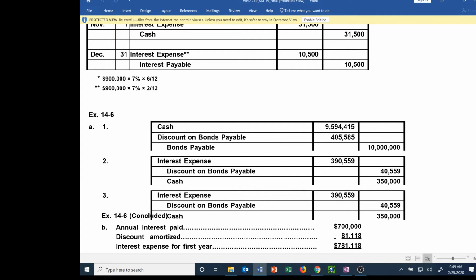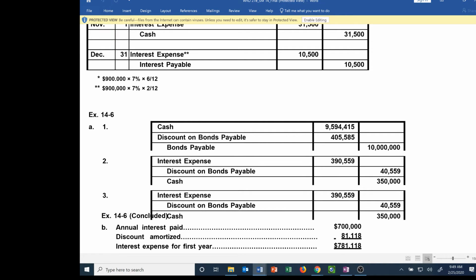Number 6, what was the interest rate? Still 7%? Okay, what is 3.5% of 10 million? 350,000. All right. Now, how many years were these bonds good for?